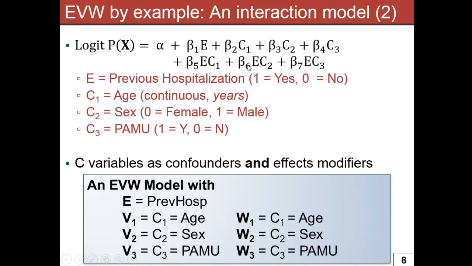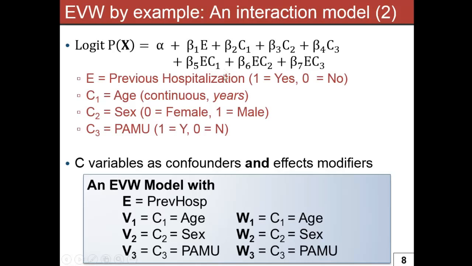So here, C1, age, is used twice: once in consideration of confounding control, and then a second time as an effect modifier term. And I say effect modifier because, as we talked about before with these interaction terms, it's modifying the effect of the exposure. In the odds ratio expression for the exposure, the odds ratio itself was modified. It changed according to the value of age. That's by definition what an effect modifier is. I put in a different age, and lo and behold, the odds ratio changes.